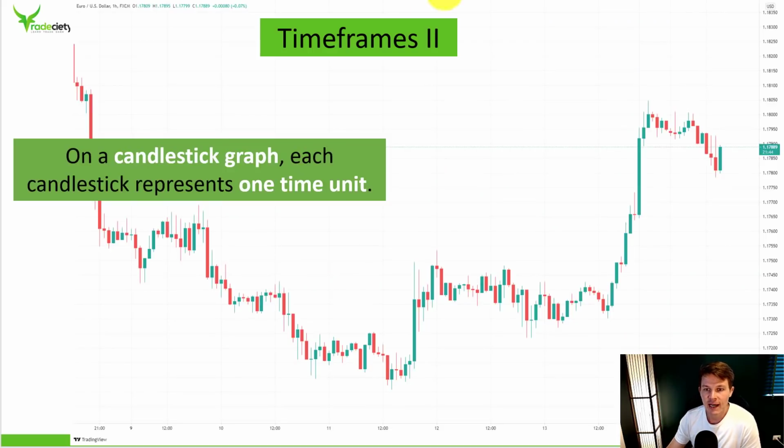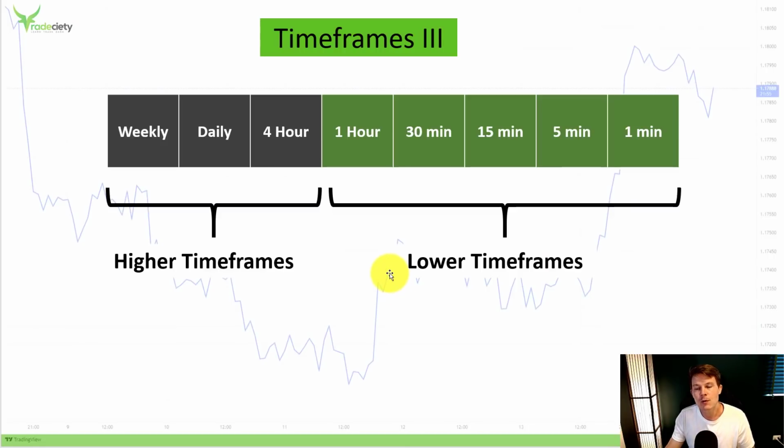When we look at a candlestick graph, we can see that each candlestick, each of those bars represents one time unit. And the time units, we can change that between hours, minutes, days, weeks, or even months. And when we look at time frames in trading, we are usually distinguishing between higher time frames and lower time frames.